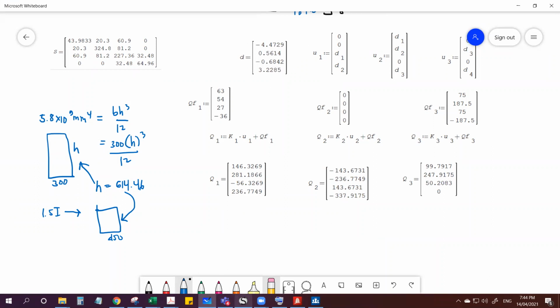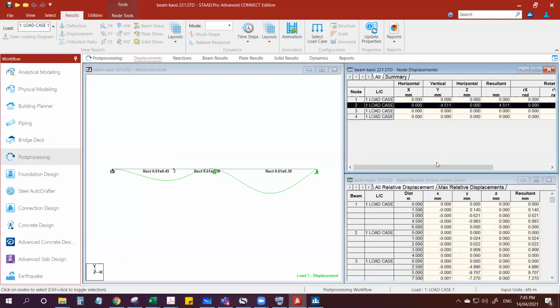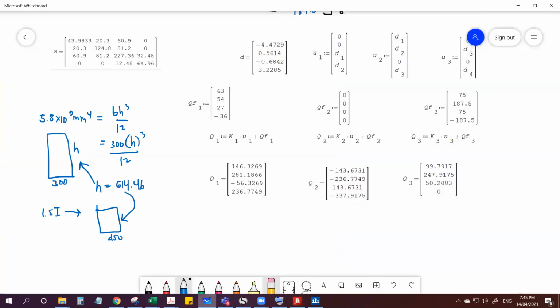For the rotation, I don't know if it should be in radian. So this is already too small. Let's proceed with vertical reaction instead.